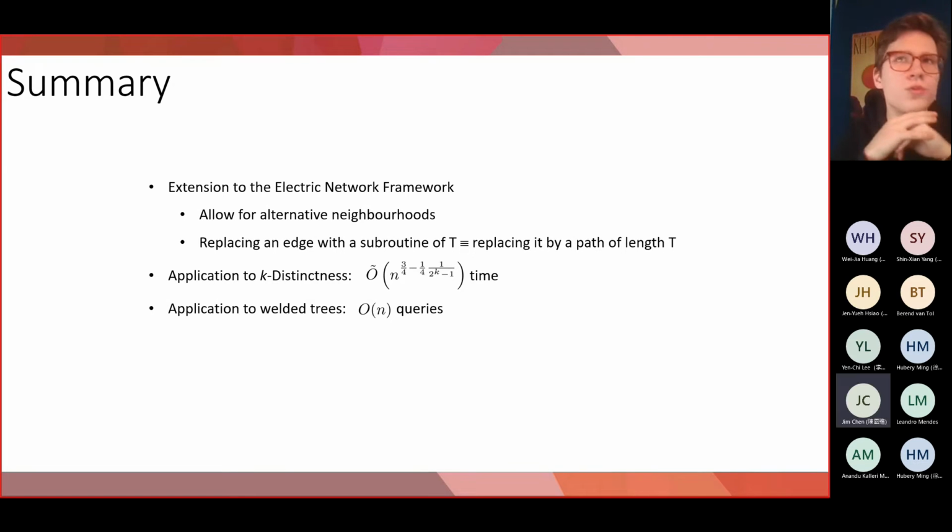That is too expensive to do in a time complexity way, because you also have to keep track of what the collisions actually are. If you want to update that, you would have to search through your whole subset of vertices, and that would be way too expensive. This is something that Belovs already noted in his k-distinctness query algorithm, and so he found a smart way of compressing this.